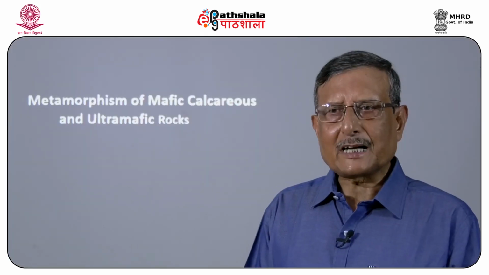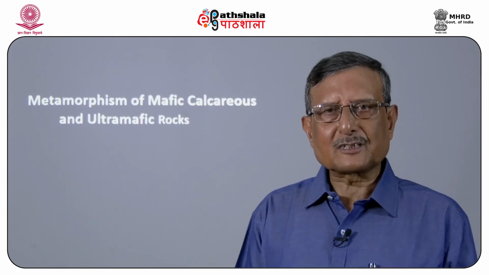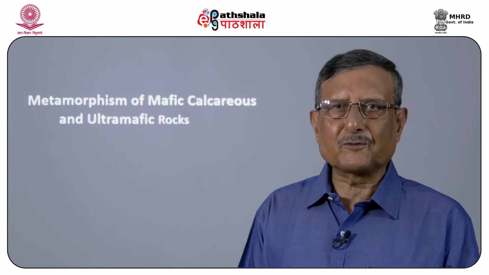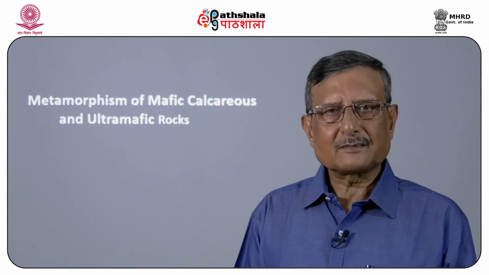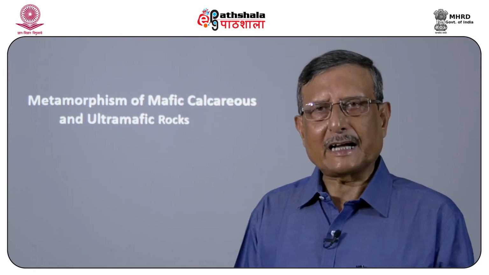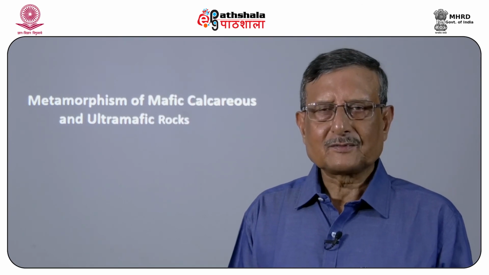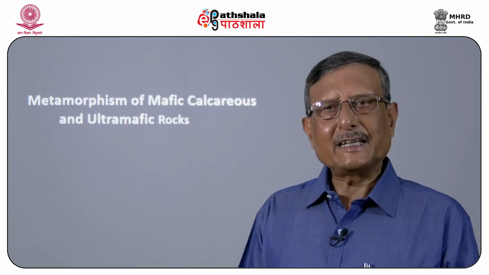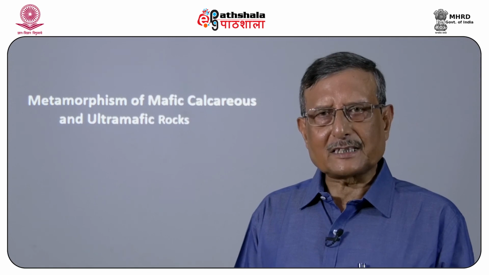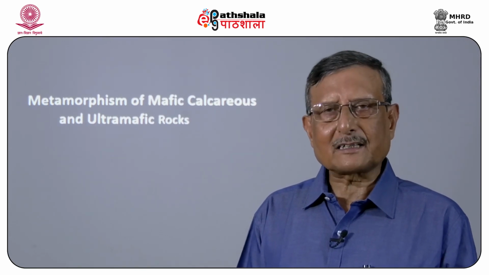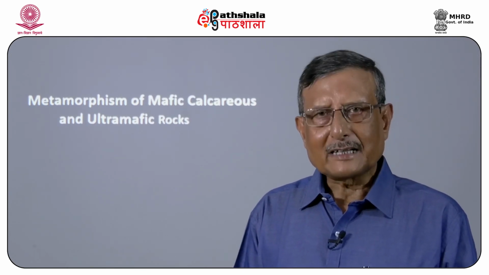So, this brucite, antigorite kind of minerals in the greenschist facies give way to talc and anthophyllite minerals in the amphibolite facies. And finally, we get once again the pyroxenes by decomposition of talc and anthophyllite.